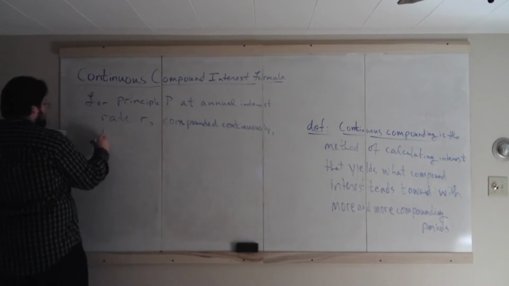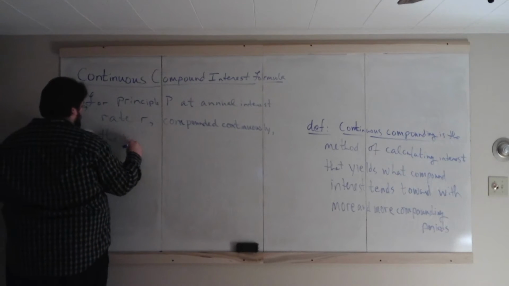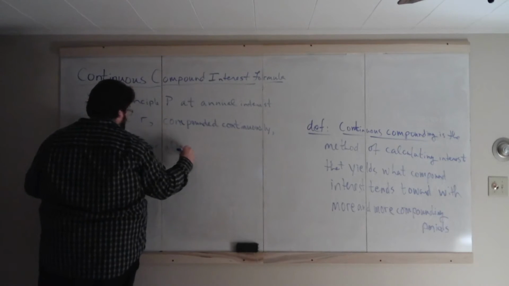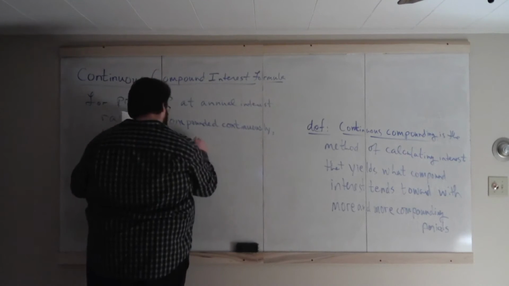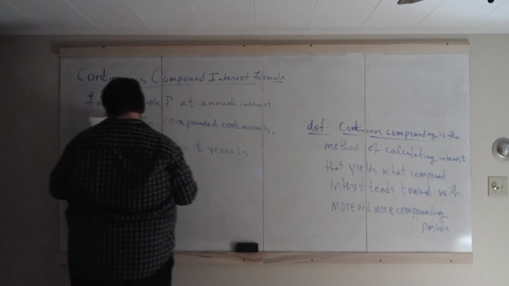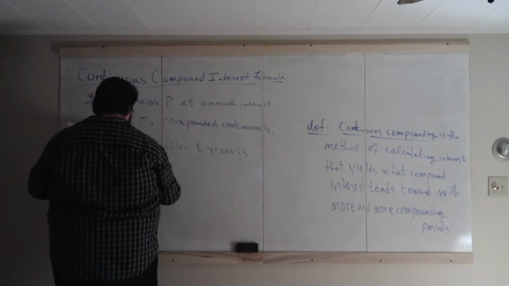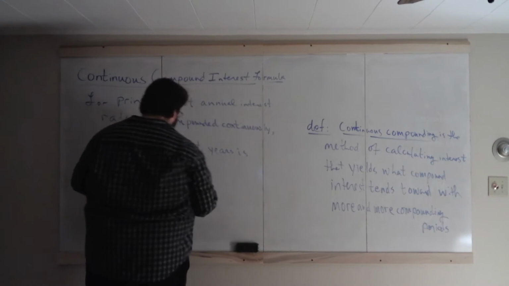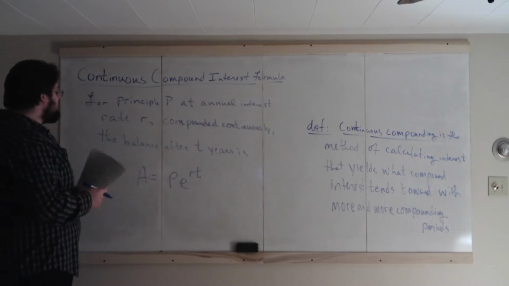The balance after T years is A equals P e to the RT, where e is the base of the natural logarithm.